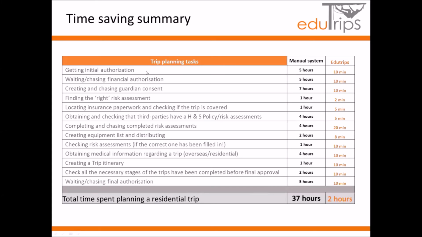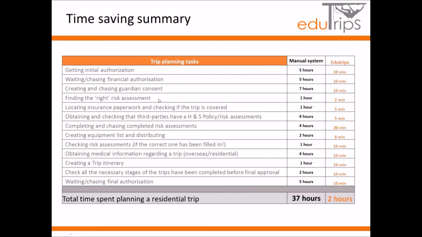So getting initial authorisation, waiting and chasing for financial authorisation, creating and chasing guardian consents, which certainly can take a lot of time. And I'm being quite generous with the number of hours spent here because obviously it could take days or weeks to get that feedback back into the school or to the college.